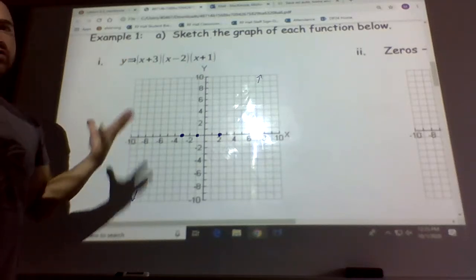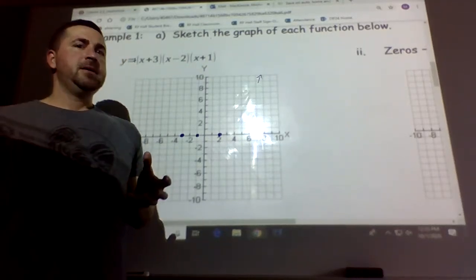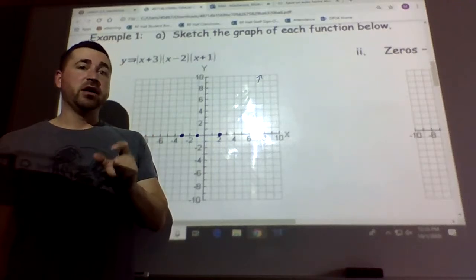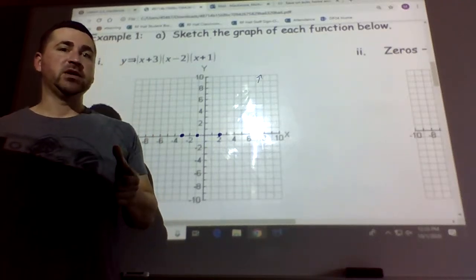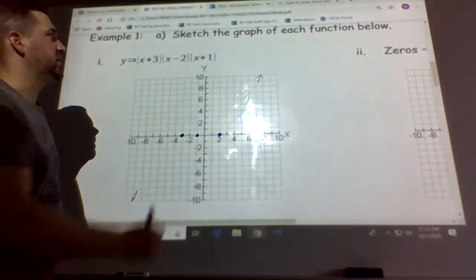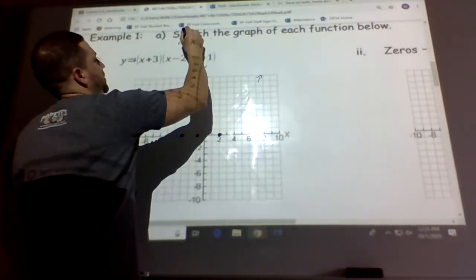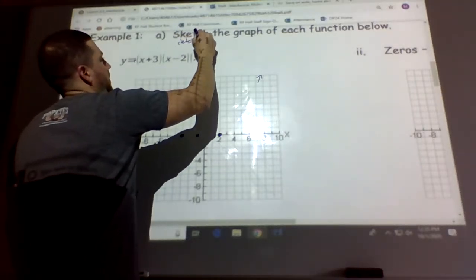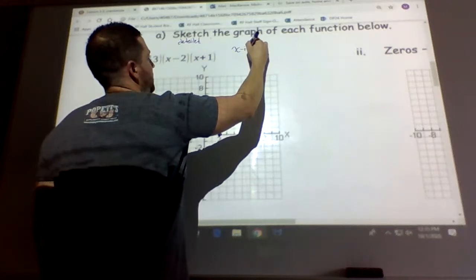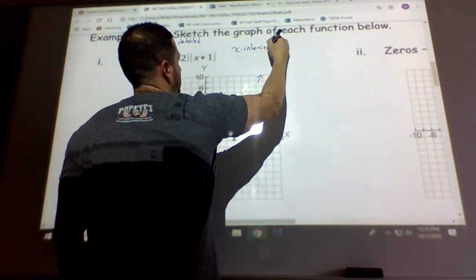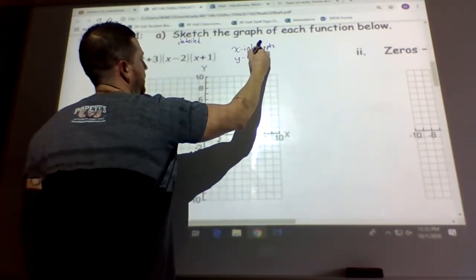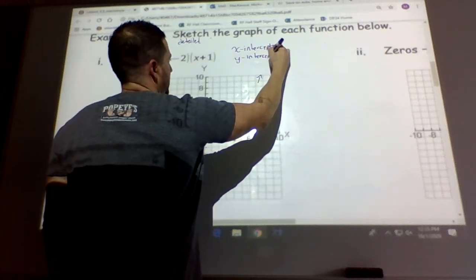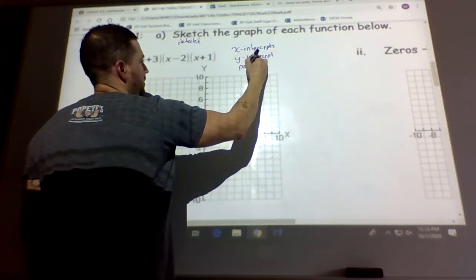If I say sketch, I want it to be rough. If I say detailed, I want a few more pieces of information. So I'm going to put a detailed sketch. I want the x-intercepts, I want the y-intercept, and points in between.